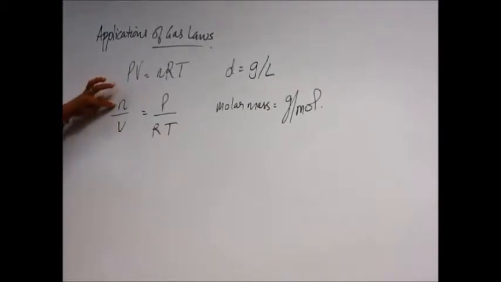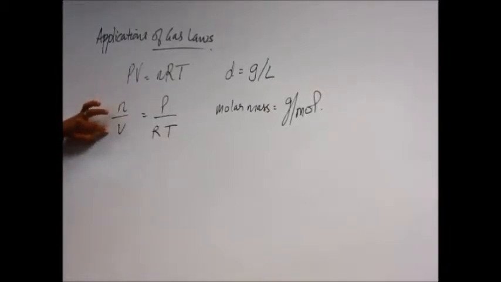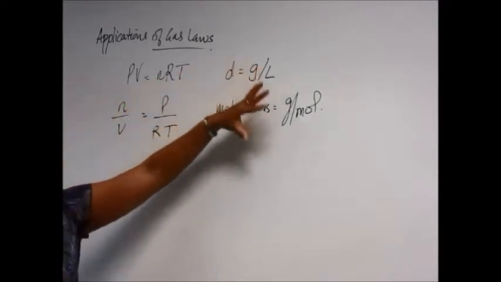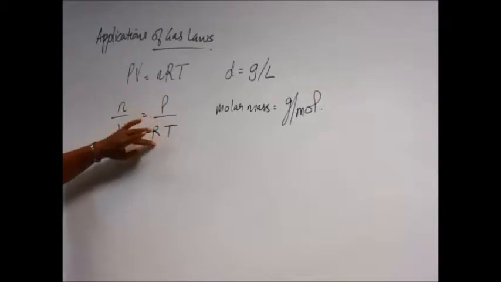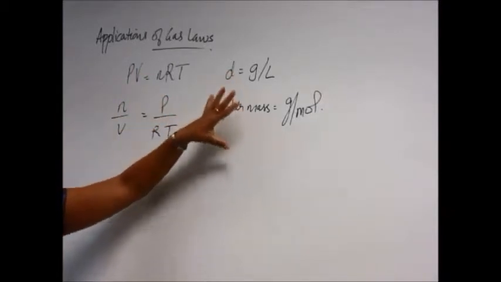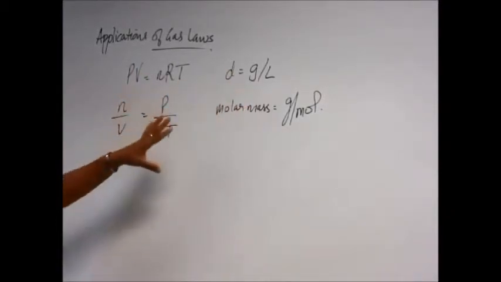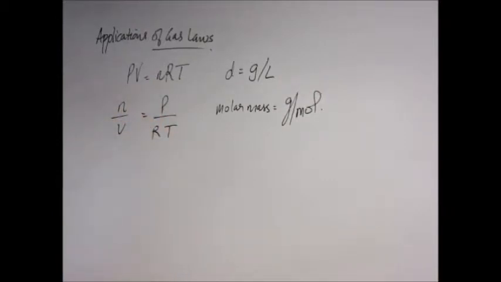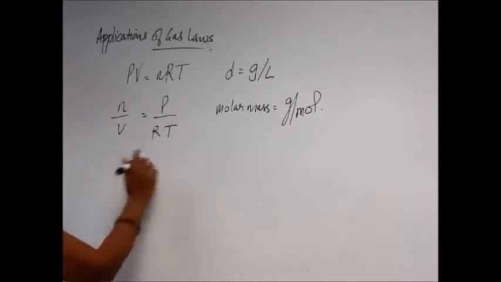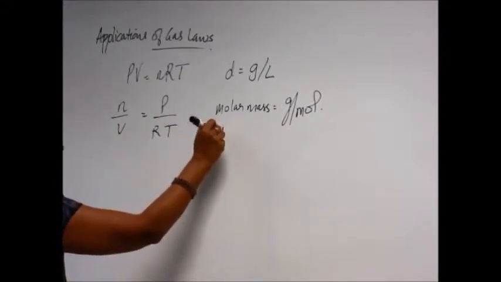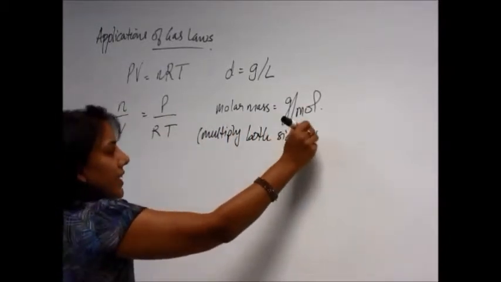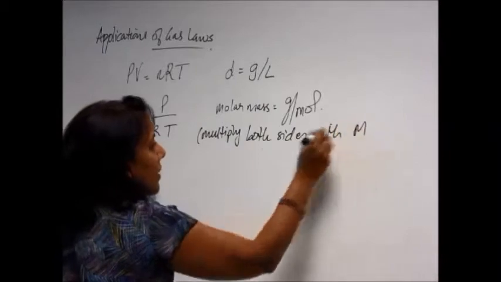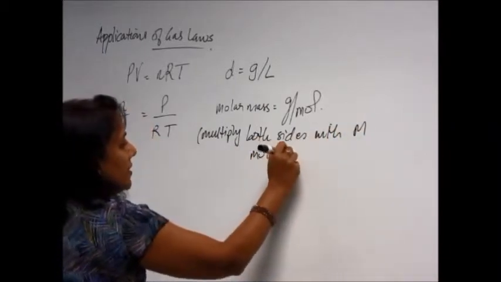n here is moles, V here is volume. So what I've done is I've taken out some of these units over here. These units here, pressure, temperature, and R, these have nothing to do with any of these units here. So that's what we have tried to do, is to just separate those out. And very honestly, in the long run, this is not going to matter. Because now what I'm going to do is multiply both sides with M, and that is molar mass.